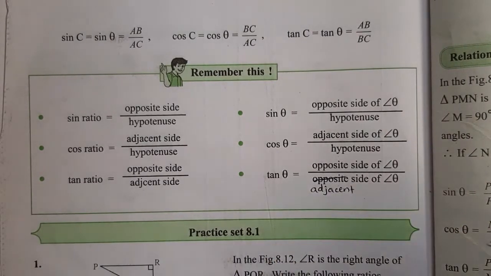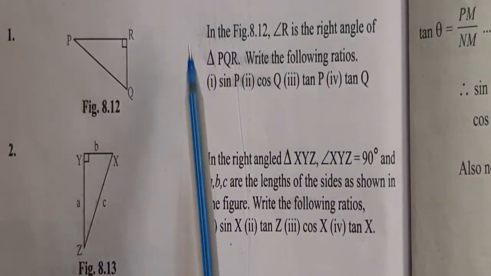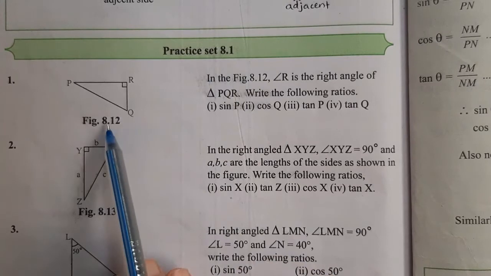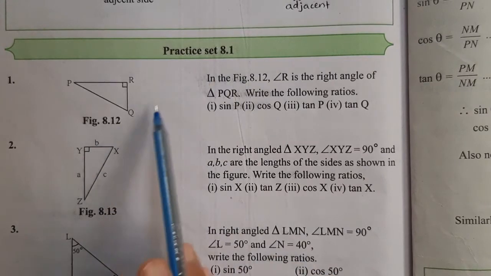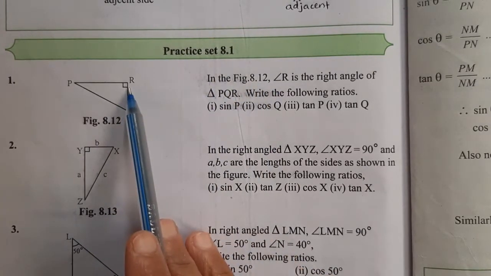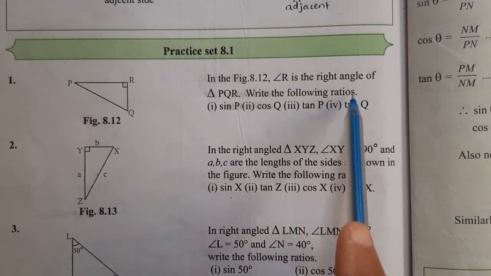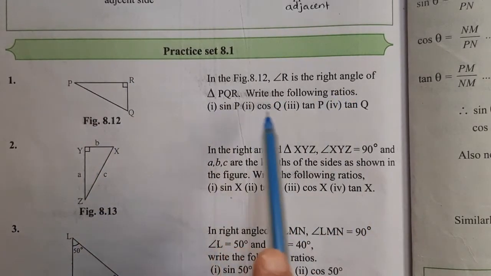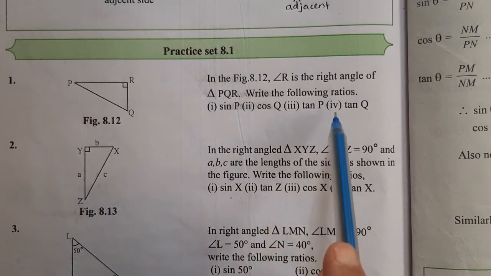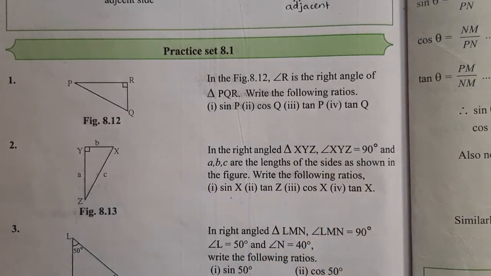Okay. Now with the help of this we will solve practice set 8.1. See the first example from practice set 8.1. In figure 8.12, angle R is a right angle of triangle PQR. Write the following ratios: sin P, cos Q, tan P, tan Q. Now see the solution.